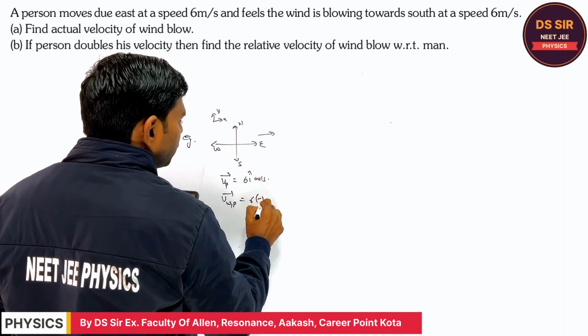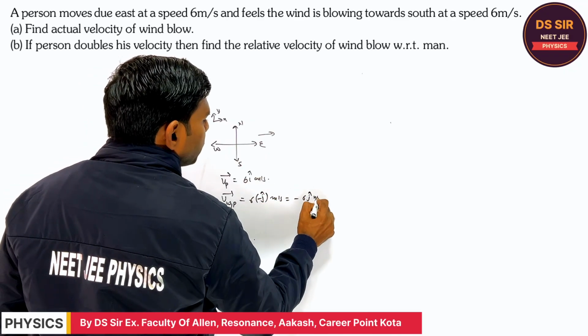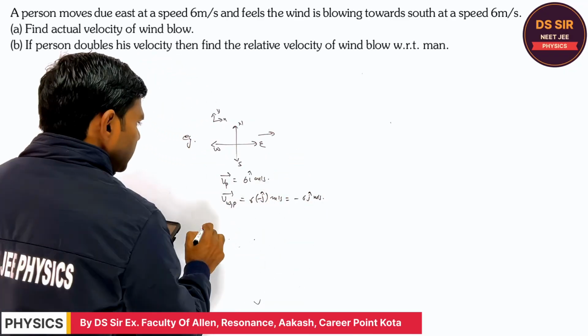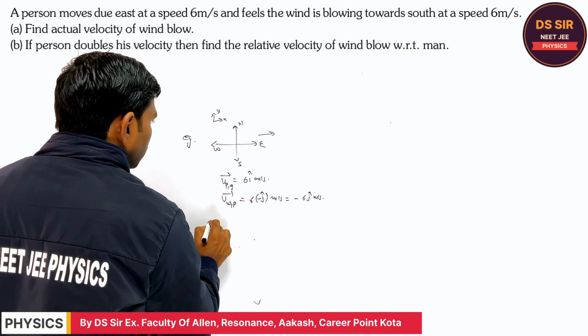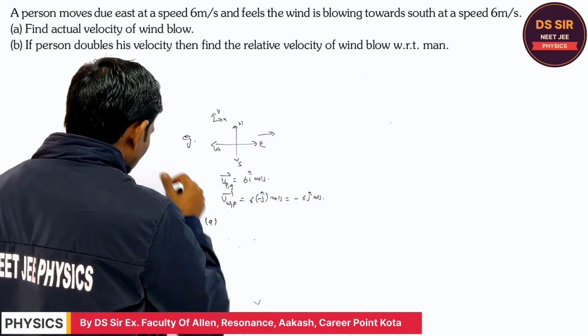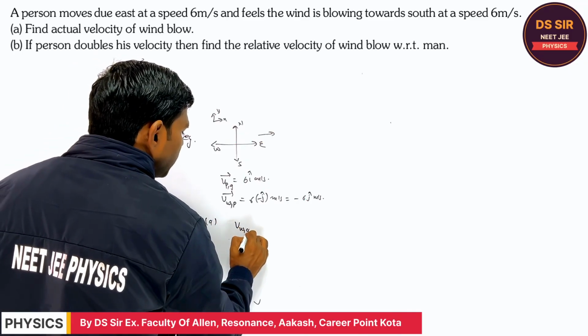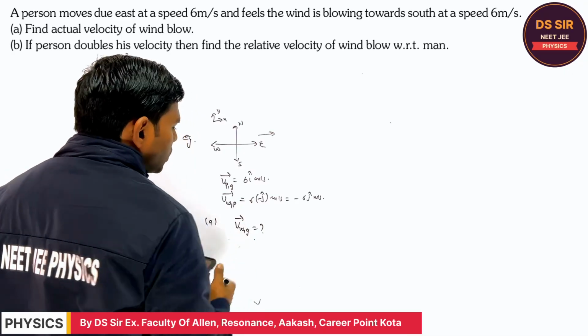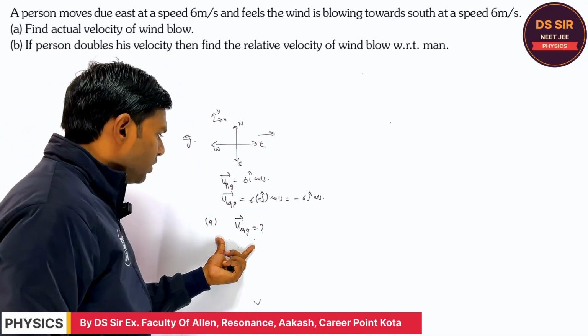Towards south means minus j cap, minus 6 j cap meter per second. You must understand this. This is the velocity of the person with respect to ground, right? What you have to find is the actual velocity of the wind with respect to ground. Is it clear or not?